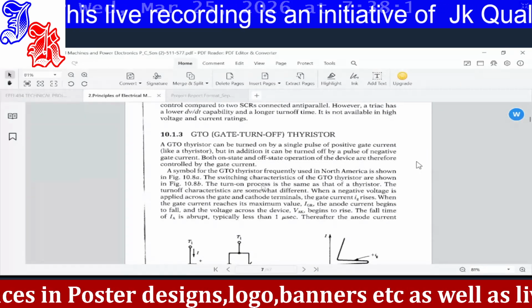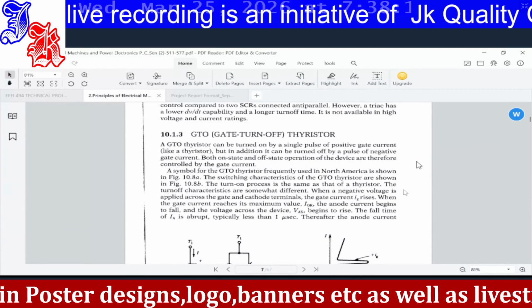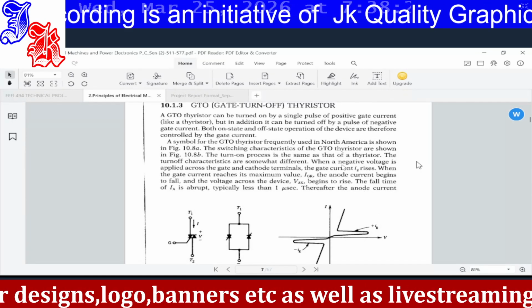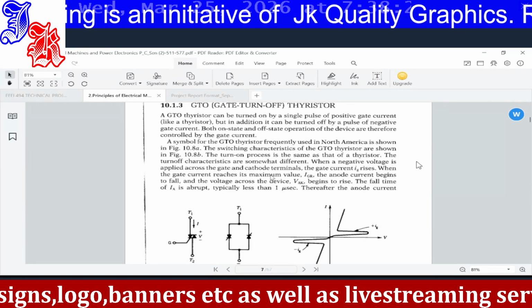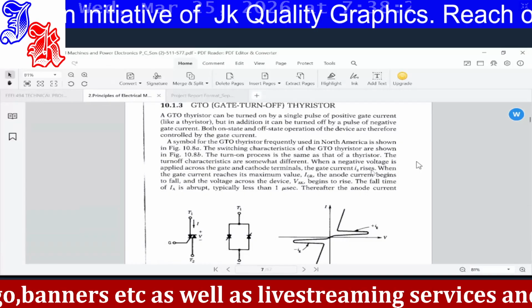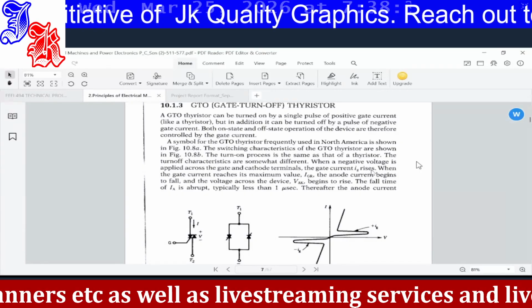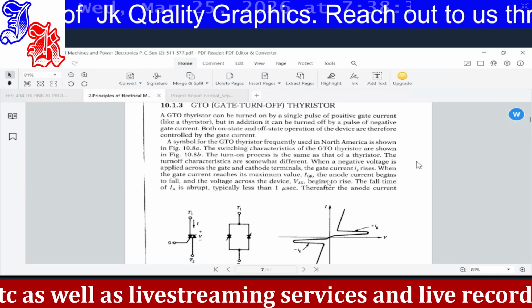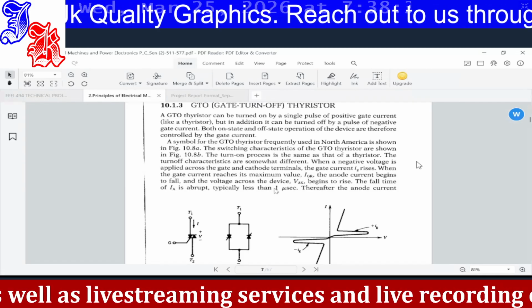The turn-on process is the same as that of the thyristor. The turn-off characteristics are somewhat different. When a negative voltage is applied across the gate and the cathode, the gate current Ig rises. When the gate current reaches its maximum value Ig3, the anode current begins to fall.